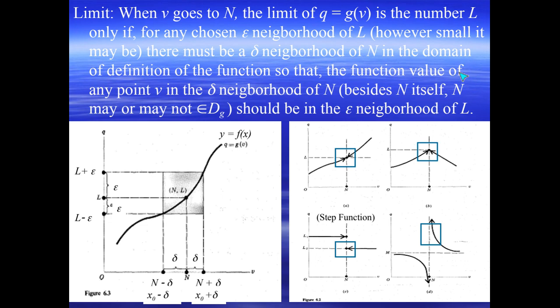It becomes smaller and smaller and goes to 0. So if this part, 3 over v plus 1, goes to 0, 2 plus 3 over v plus 1 goes to 2 plus 0, which is 2. You see? So the limit of Q when v goes to plus infinity is 2. We have got rid of this indeterminacy by transforming the function.